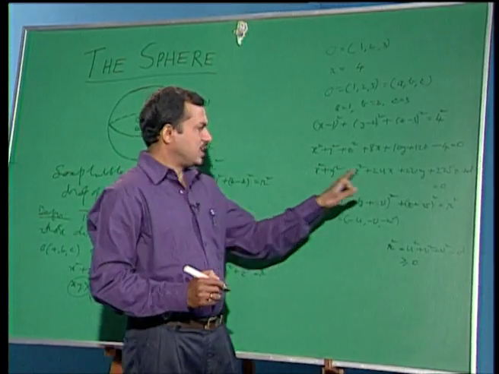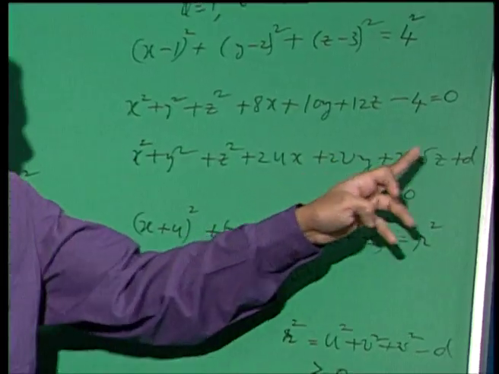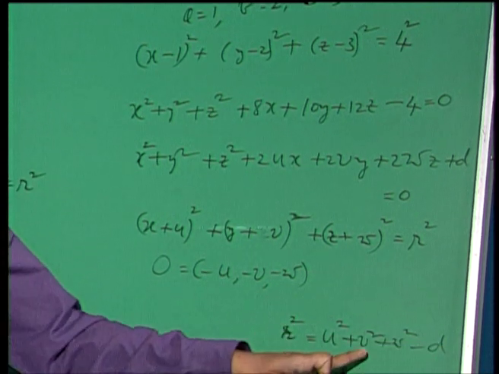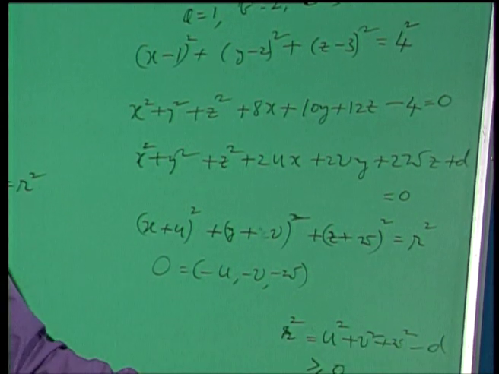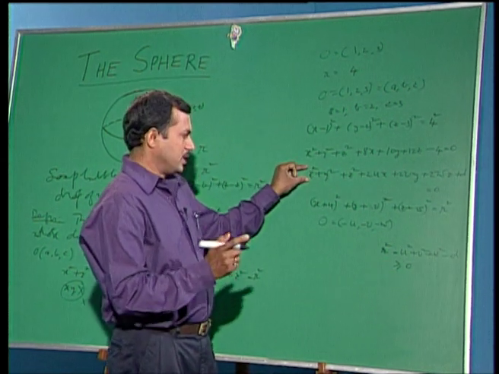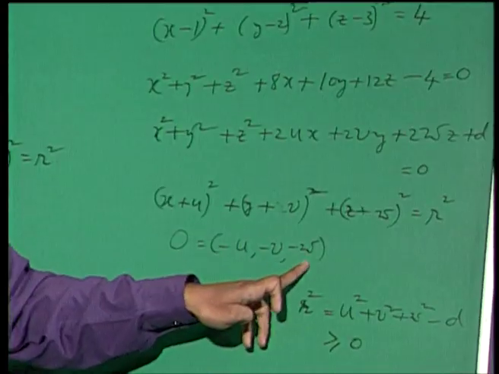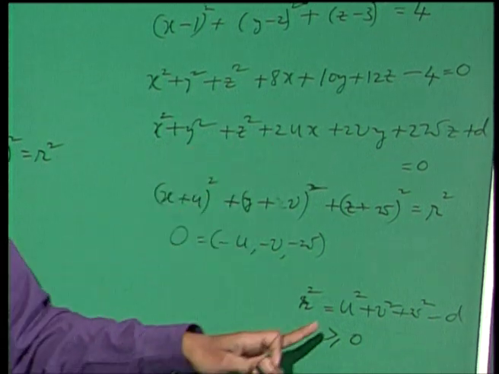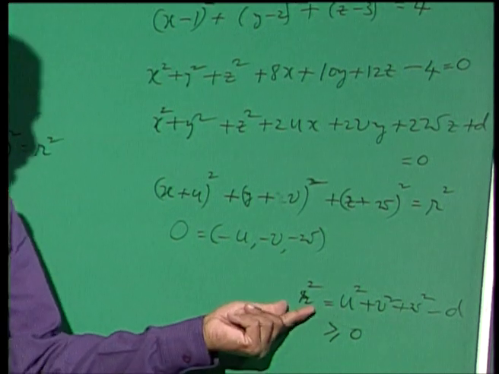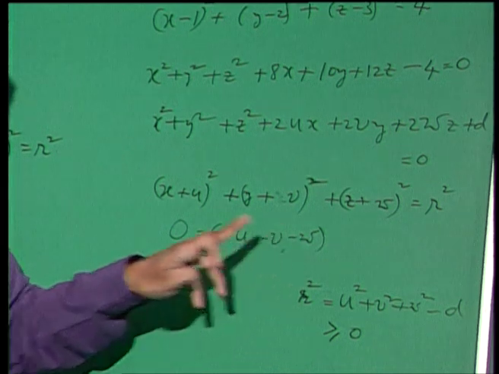So, if the constants u, v, w and d satisfy this condition, that is u square plus v square plus w square minus d is greater than or equal to 0, then this equation does represent a sphere, and the center of that sphere becomes minus u, minus v, minus w, and the radius becomes the square root of u square plus v square plus w square minus d, because this is radius square.